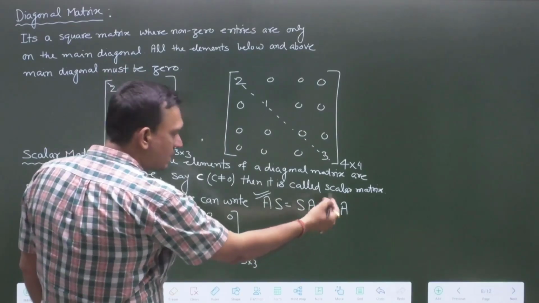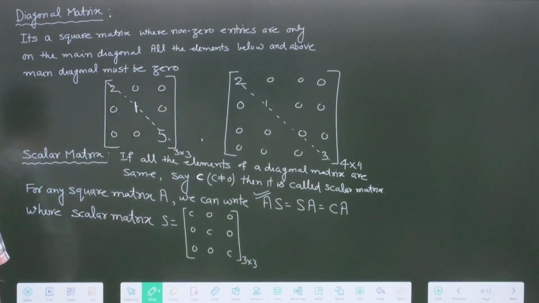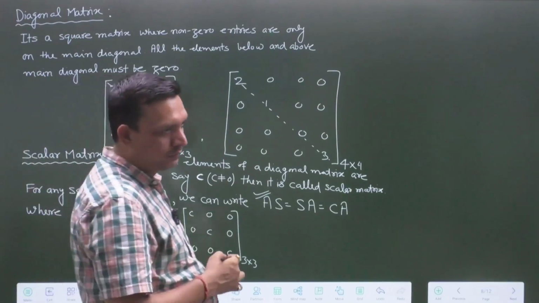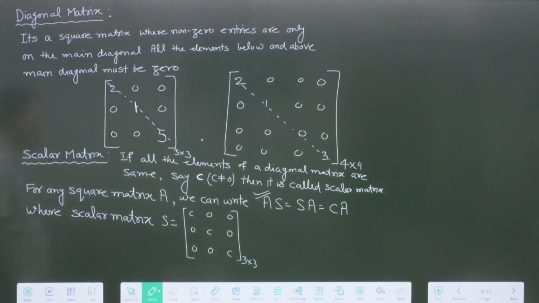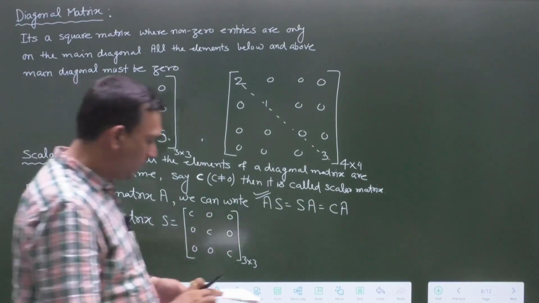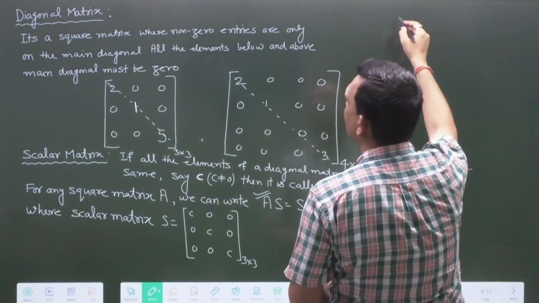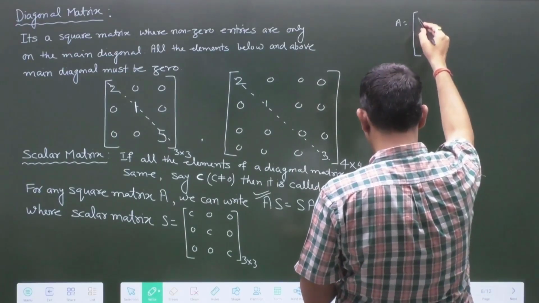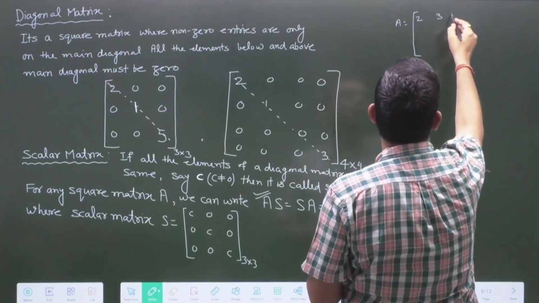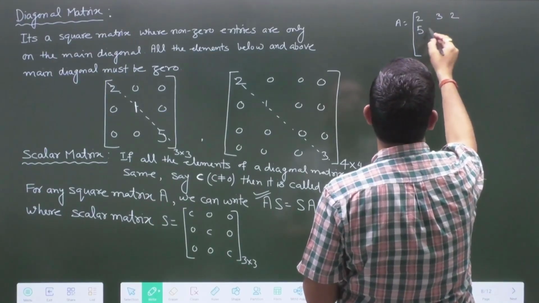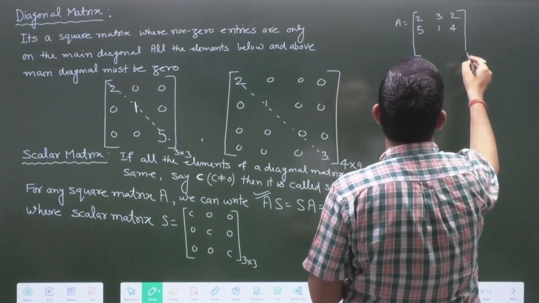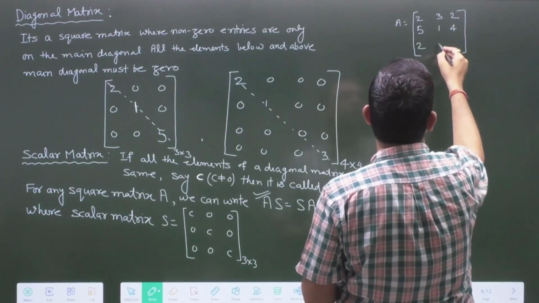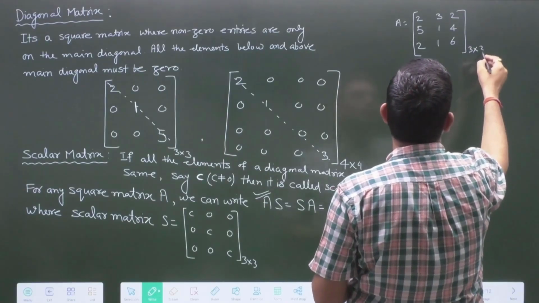AS or SA is just like you are multiplying matrix A by some scalar value. Okay? So you can easily verify if you take one example, just matrix multiplication. I am taking matrix A as, let's say, 2, 3, 2, 2, 3, 2, 5, 1, 4, and you have 2, 1, 6, a 3 cross 3 matrix.